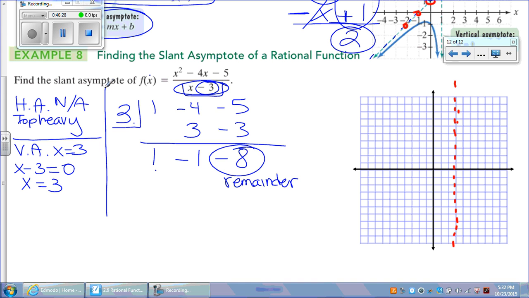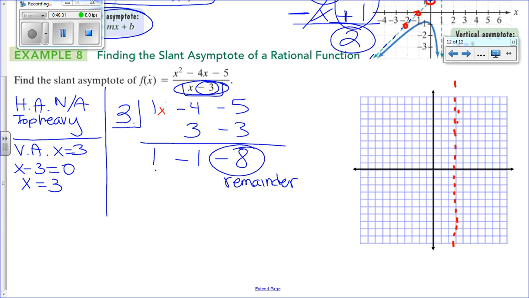We started with a function of second degree, so the 1 is the coefficient of x squared, -4 is the coefficient of x, and -5 is just a constant term. After dividing by x minus 3, we obtain 1x minus 1.